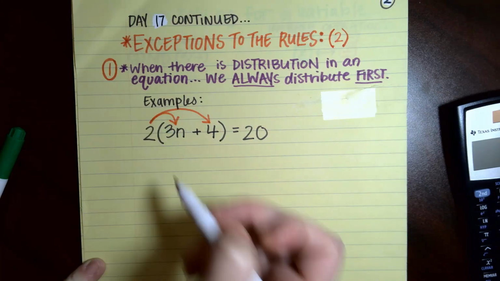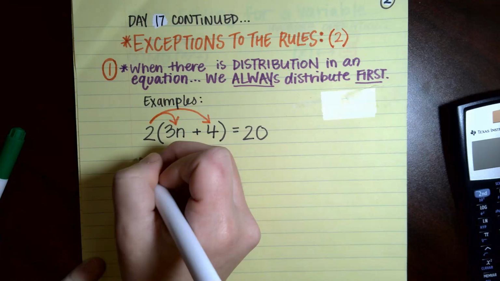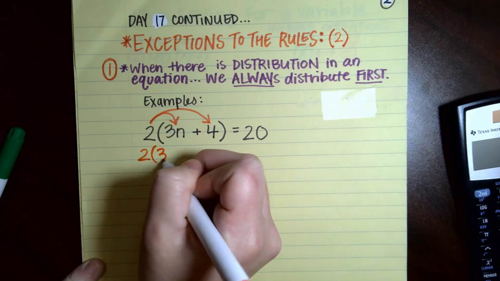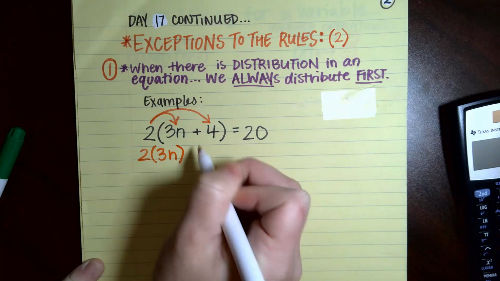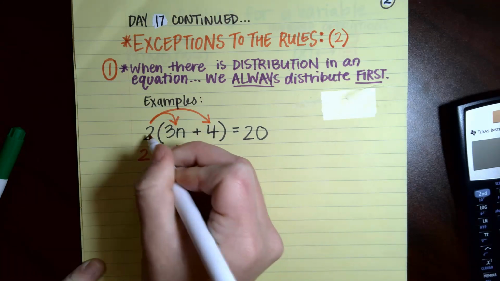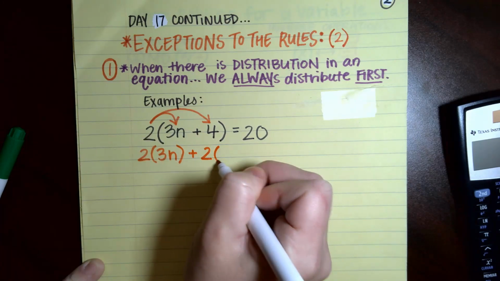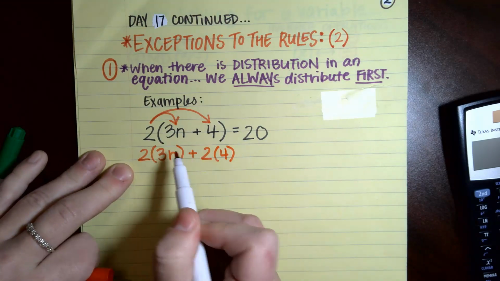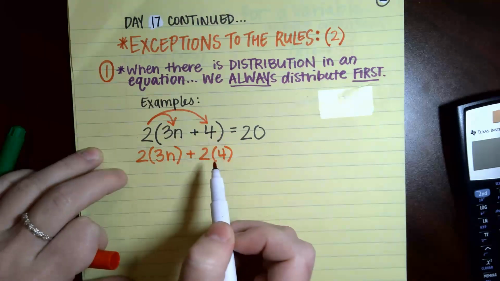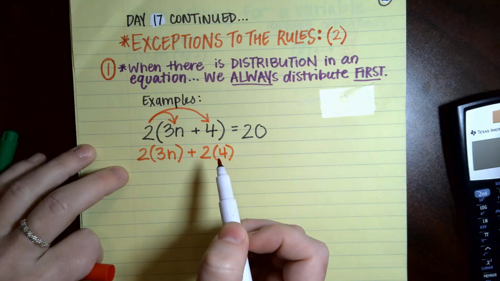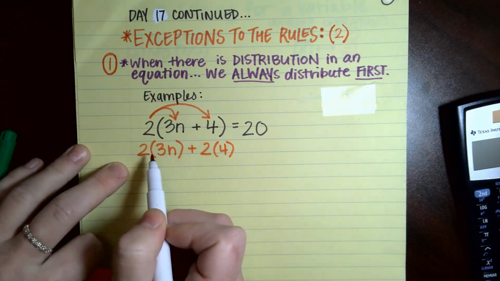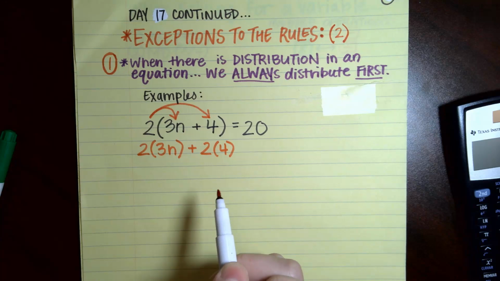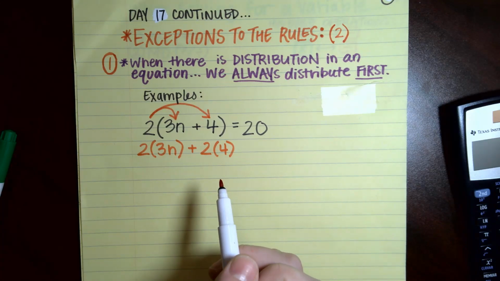So let's go ahead and work out the first part. If I wanted to do 2 times 3n and then 2 times 4, and I'm just writing this out so that you can see what operation we're doing here. We're using multiplication. First, what is 2 times 3n? 6n.